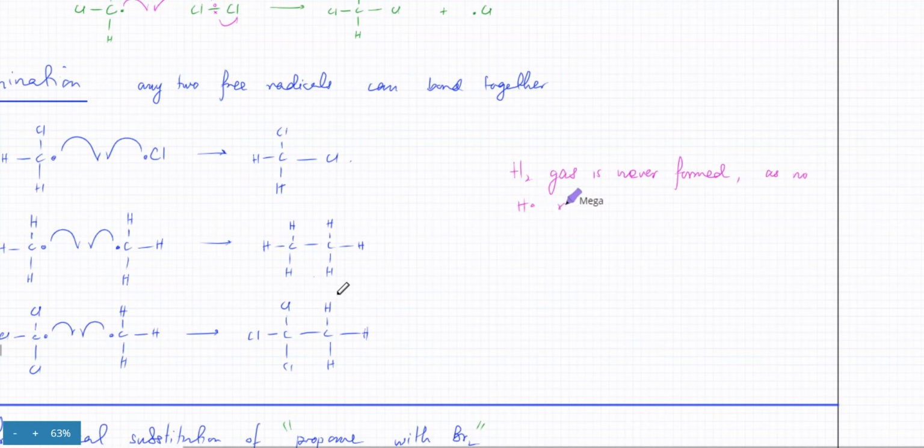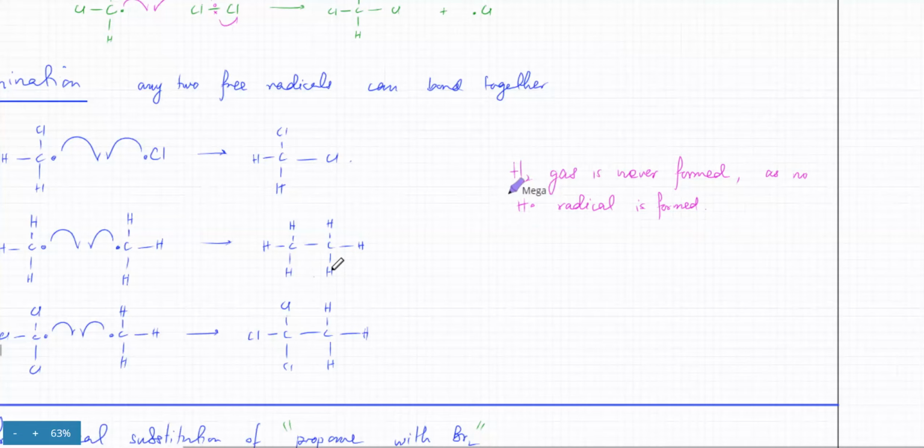In any of the steps, there is no hydrogen radical ever being produced. If an H radical had been produced, then in the termination step, two H radicals might have gotten together to form an H2 gas molecule. Since there is no evidence of H2 gas being produced, it means that there is no H radical.